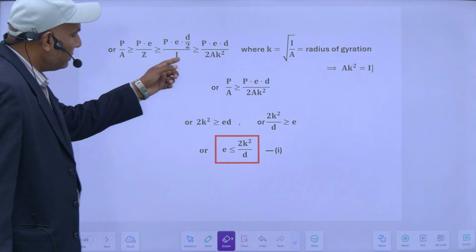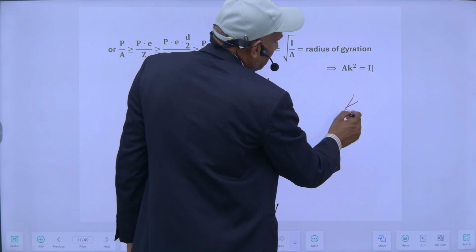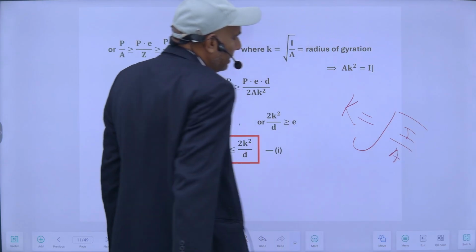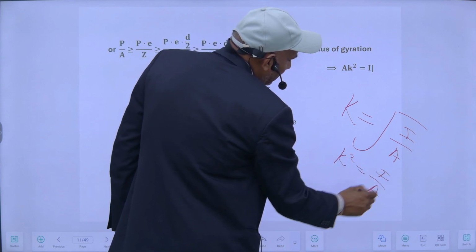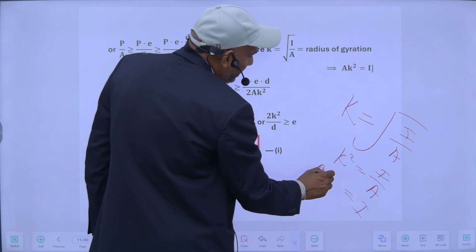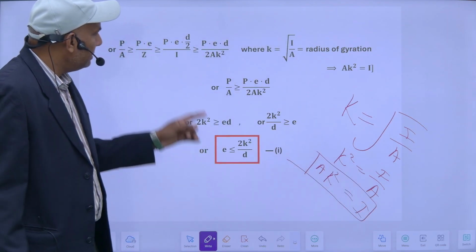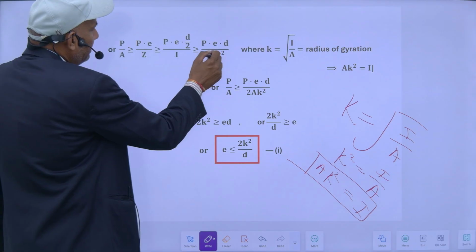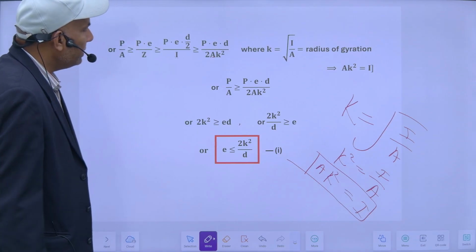And this I is equal to, since radius of gyration K is equal to root of I upon A, moment of inertia upon area, K square will be I upon A. So I is basically equal to A into K square. I can write AK square in place of the moment of inertia I. This 2 will come here, so it will be PE into D upon 2AK square.